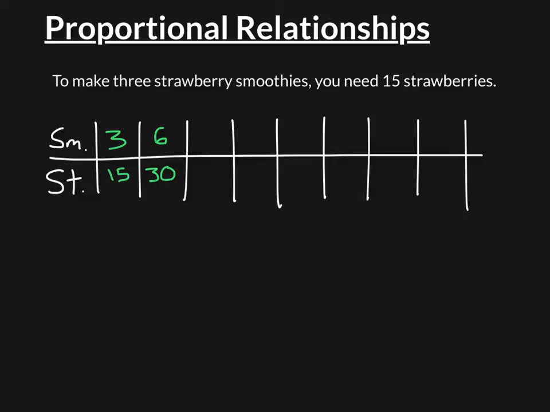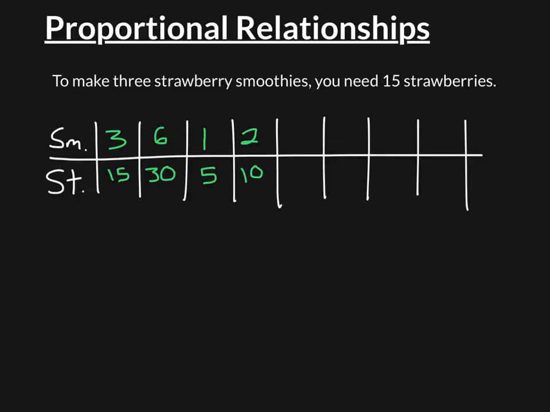What if I only wanted to make 1 smoothie, right? If I go back to my original amount, 3 smoothies take 15. If I divide my smoothies by 3, I'm also going to divide my strawberries by 3. 15 divided by 3 is 5, right? If I know 1 smoothie takes 5 strawberries, I also know that 2 smoothies would take 10 strawberries, right?